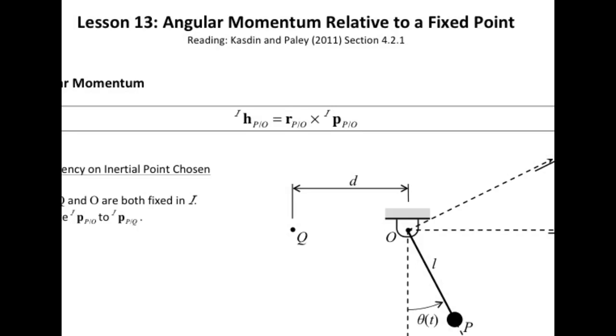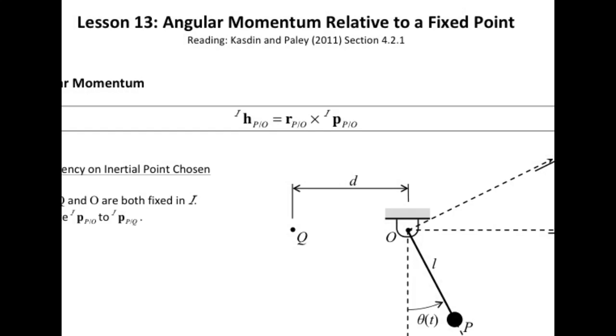So let's spend some time looking at these parameters that are included in the definition of angular momentum. So we often choose a fixed point, or an inertially fixed point, about which we are going to calculate angular momentum. And so this fixed point in this particular definition has to be fixed in the inertial reference frame.